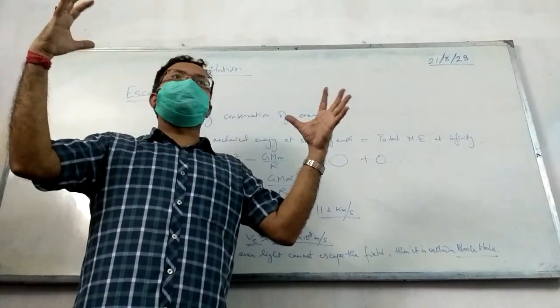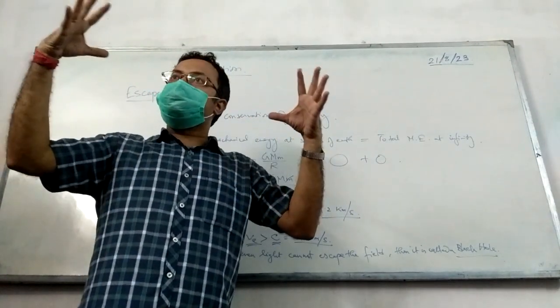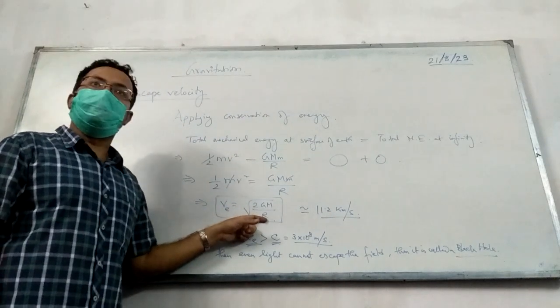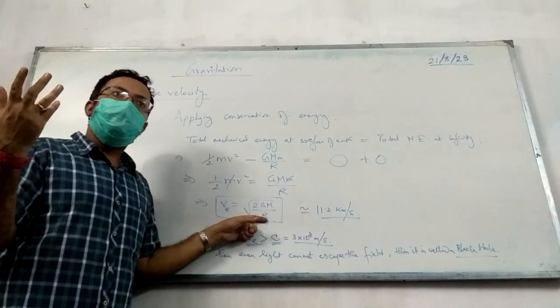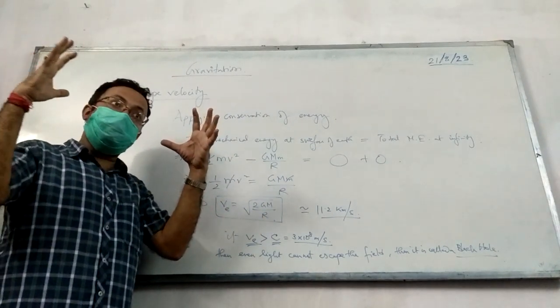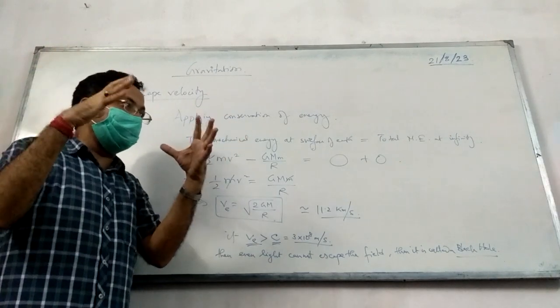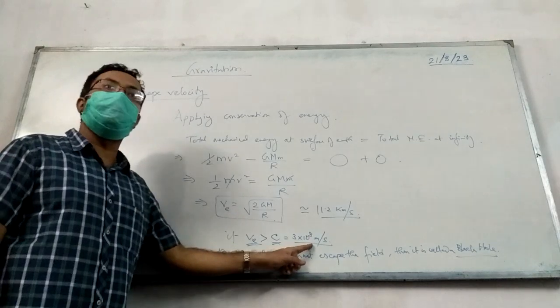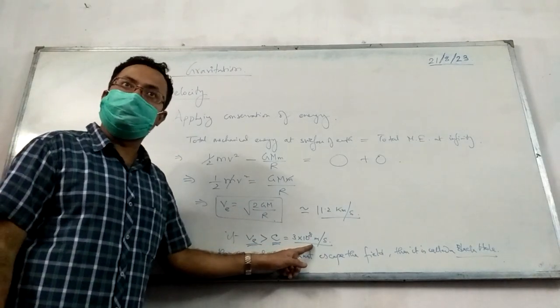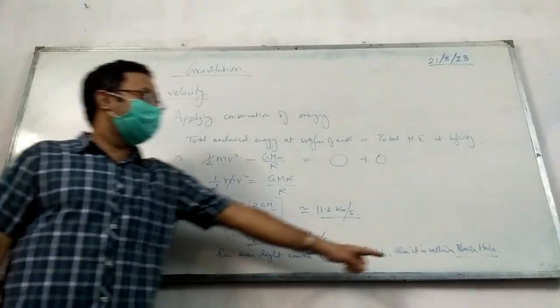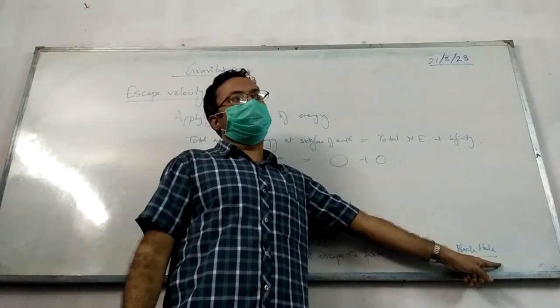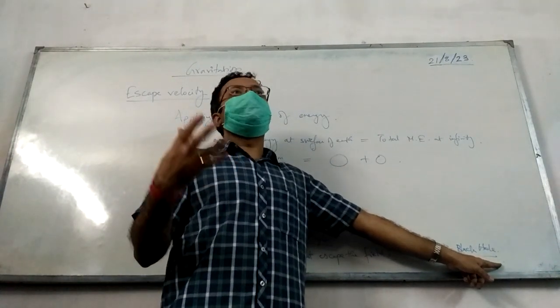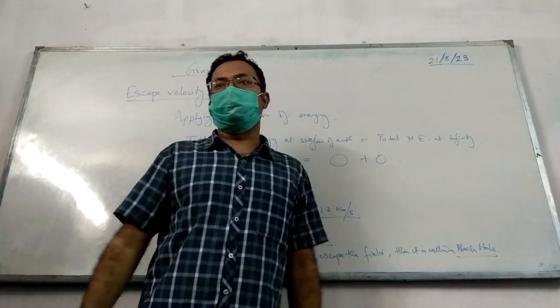Now once it starts collapsing, its radius decreases very quickly, but the mass does not change. So when the radius is decreasing, if somehow it becomes so small that the escape velocity becomes greater than 3 × 10^8 meter per second, it turns into a black hole. So these dying stars, they can turn into black holes.